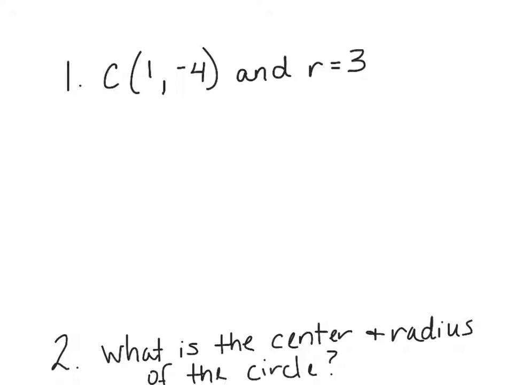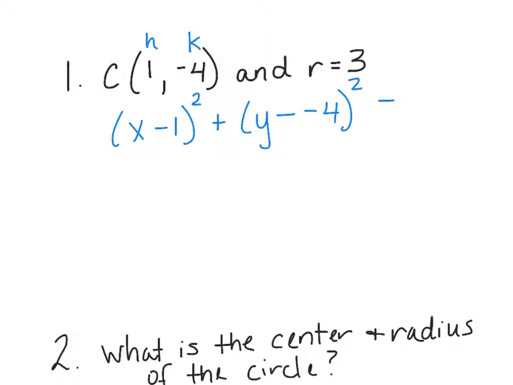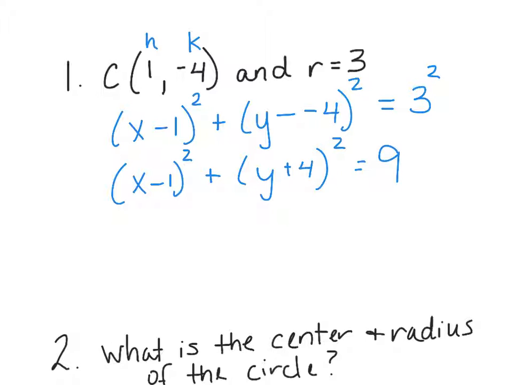Well, we can do that because we know that the formula is (x minus h) squared, of course this is h and this is k, so (x minus 1) quantity squared plus (y minus k), which is a negative 4, quantity squared, equals the radius squared. So let me simplify that to (y plus 4) quantity squared equals 9. And there is our equation for a circle.